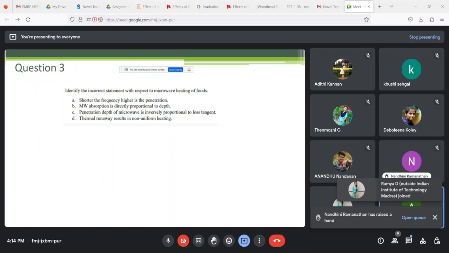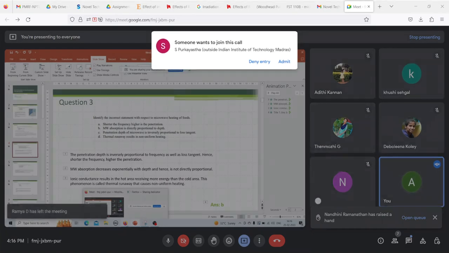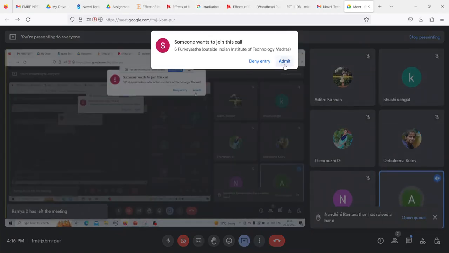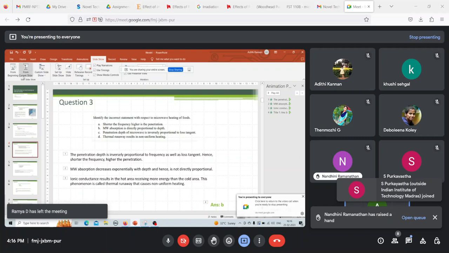Let's say you're having a rectangular slab kind of a food. You are subjecting the food to an electromagnetic radiation. So the intensity of the radiation will be highest at the surface where it is directly getting irradiated, and the intensity will keep on lowering as you go inside the food. That is, at the center of the food your radiation will be less, whereas at the surface the radiation will be more, which is very obvious.